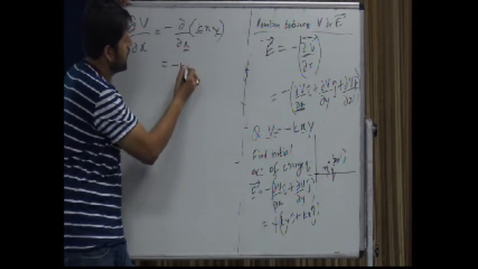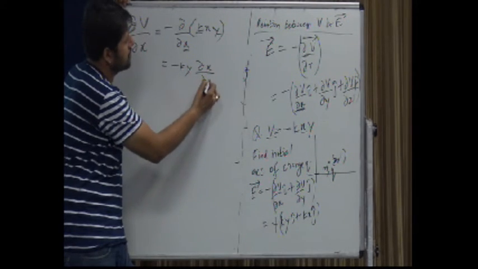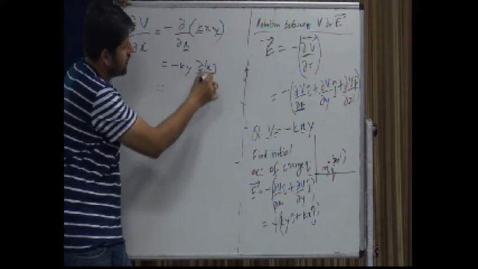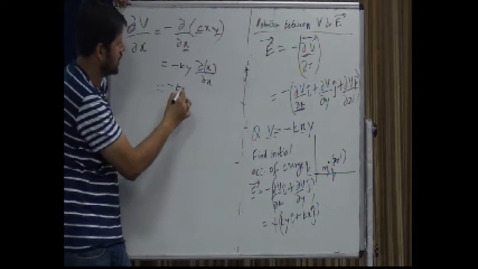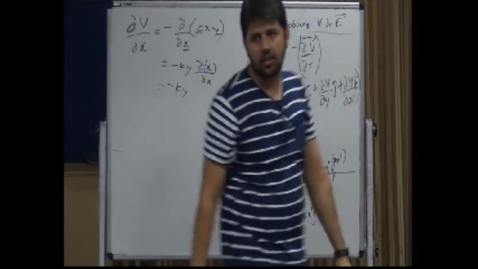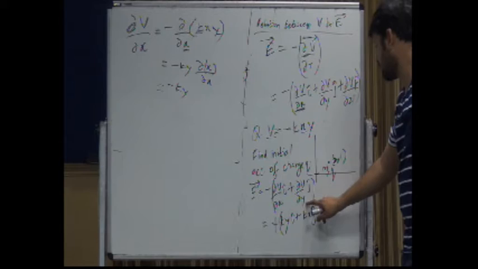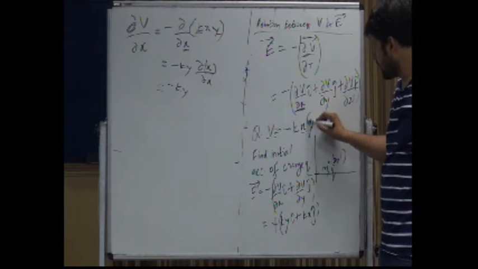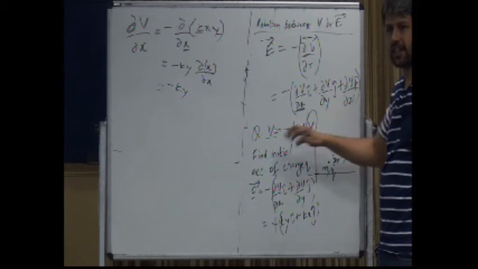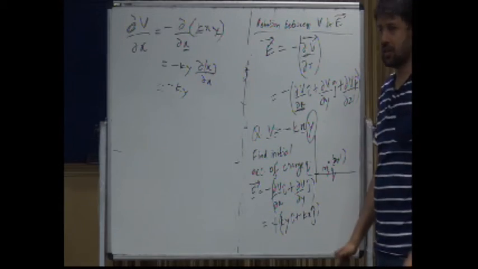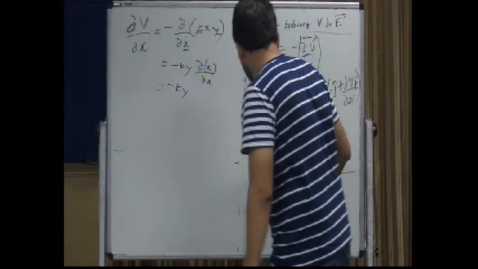So this would be minus ky del x by del x. Derivative of x with respect to x is always 1, so minus ky. Similarly, for differentiation with respect to y, only this part gets differentiated, kx would come out. So the electric field would be this.